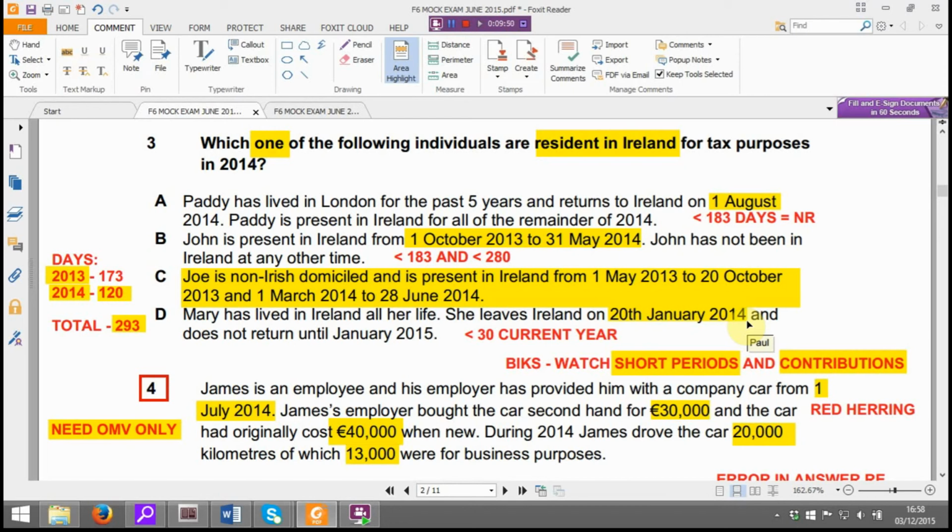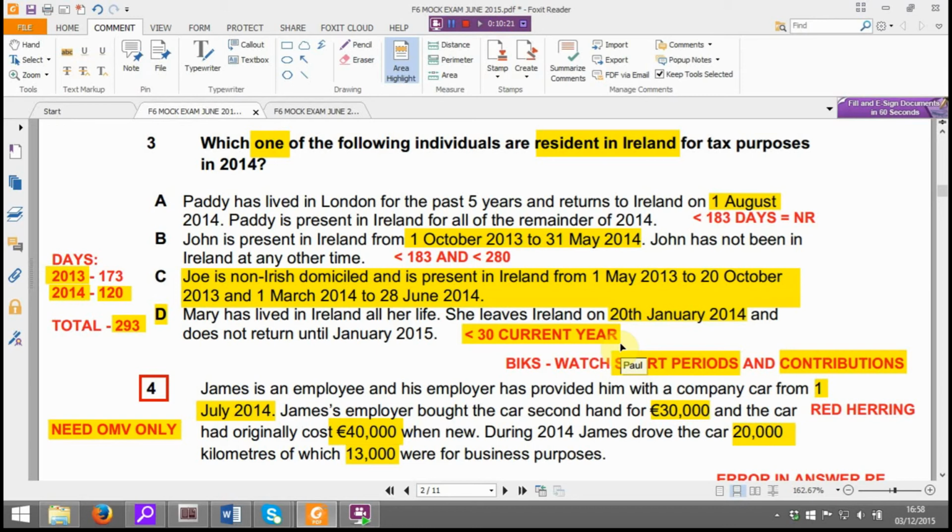In the previous year, she will have had, in effect, a large number of days, effectively 365. This is Mary for D. She will not have had 30 days in 2014. So in effect, she has less than 30 in the current year, although more than 280 across the 2 years. Therefore, she must be non-resident.